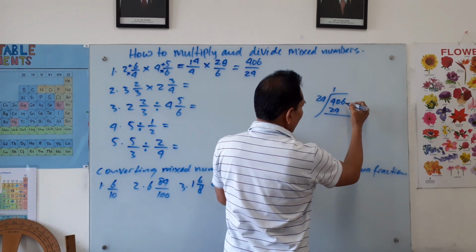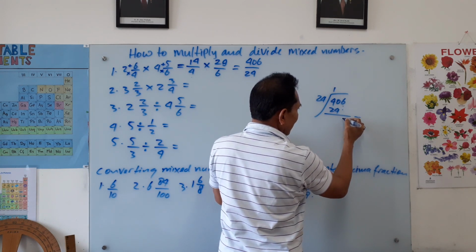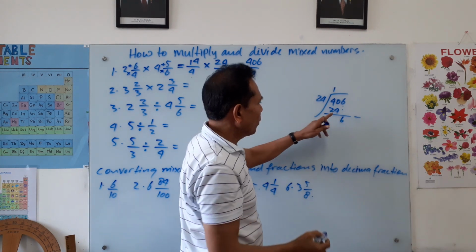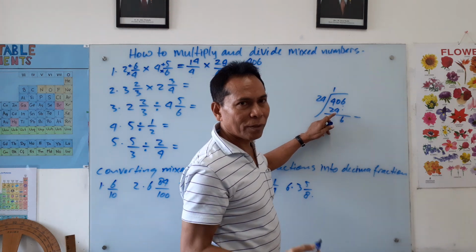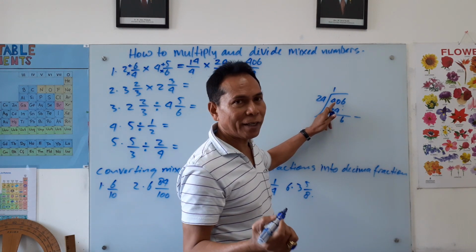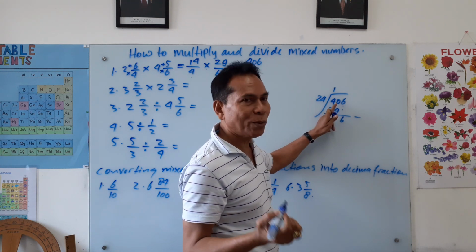So we bring this 6 down here. Then we have 0 minus 4, which cannot be done, so we borrow 1 from 4 to make it 10. We take 1 from 4 to make this 0 into 10.